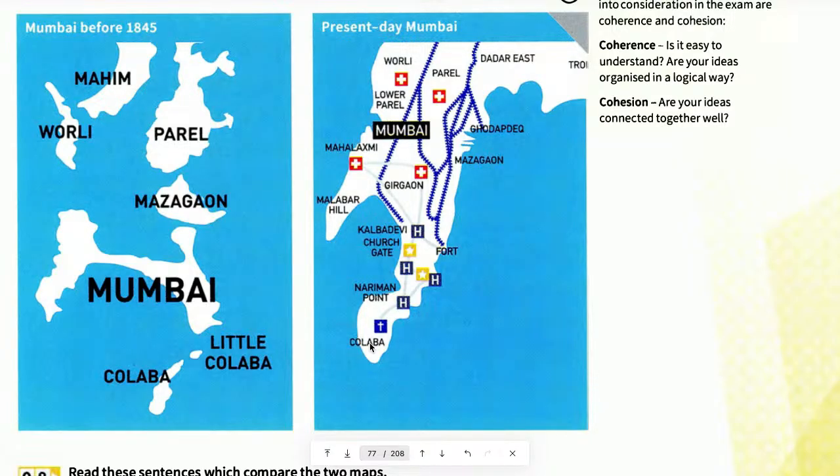Disappear? Yeah, probably. So that's what you say. They changed a lot. What is the H here? H. Helicopter? No. Hotels? Yeah, so probably hotels. And I think the one next to Calabar is a church.